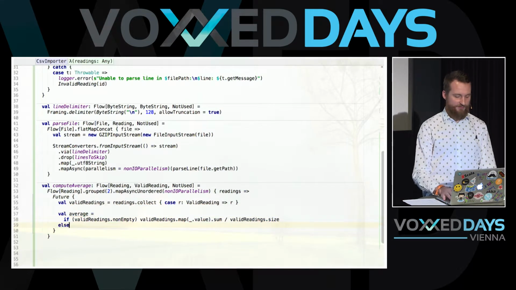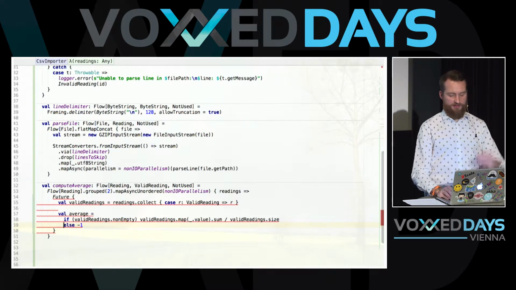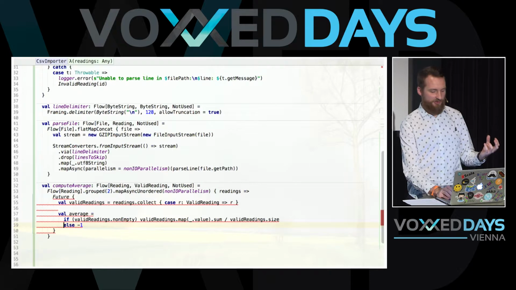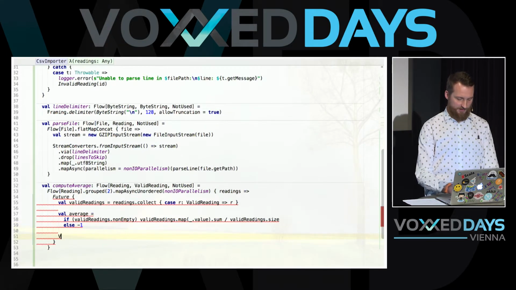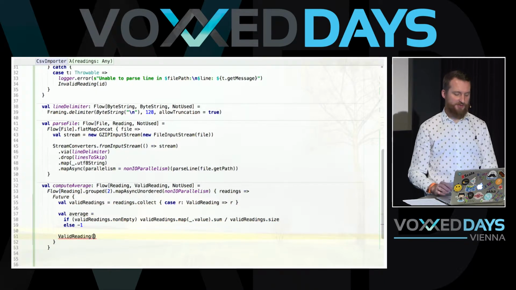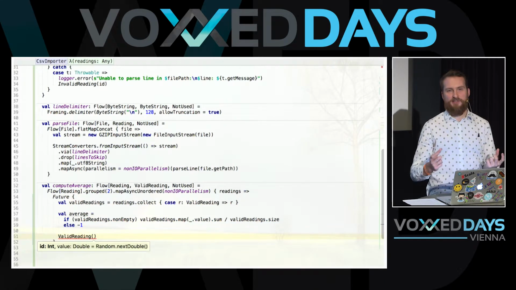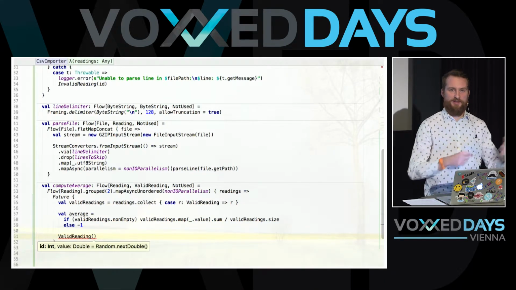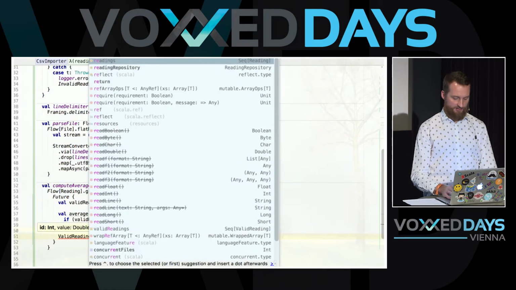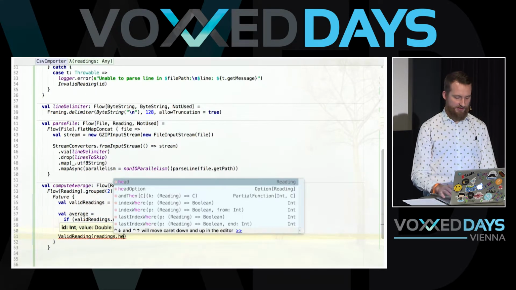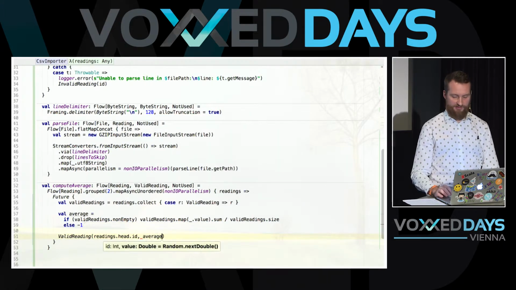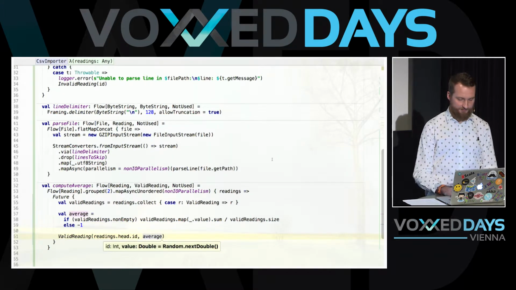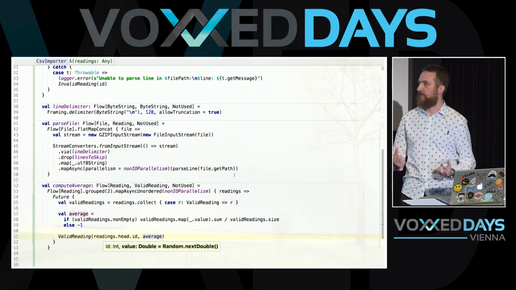And otherwise, if the valid readings were empty, so there were none of them, we'll just return a dummy value of -1. And what we want to return here is a valid reading. Since we always had two readings as an input, we can just take the first of them and take the ID from there. And for the value, we'll be using the average that we just computed. So this is the average computation step.